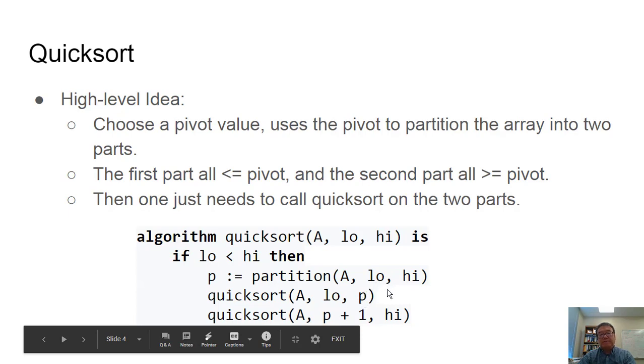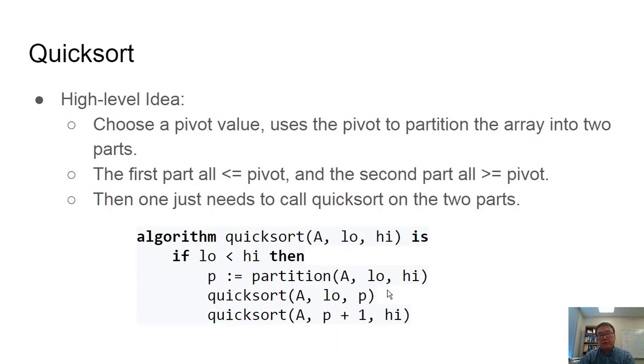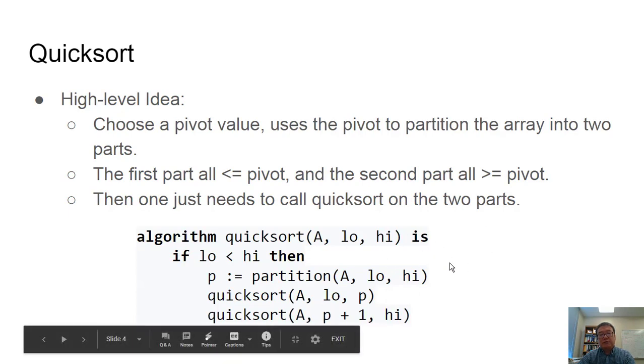But that's something the implementation can avoid, because when that happens, quicksort runs into an infinite loop. After partition, let's say p turns out to be equal to high. Then we call quicksort on low to high, and the second part, high plus 1 to high, will obviously return. It doesn't do anything because it's an empty array.